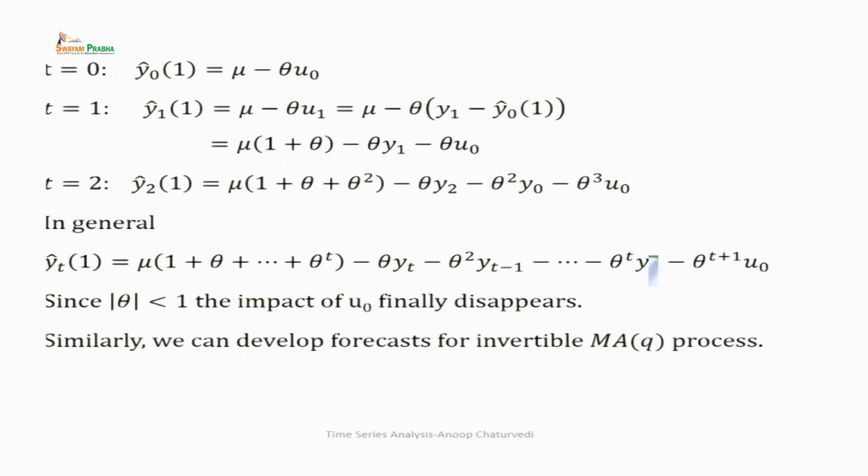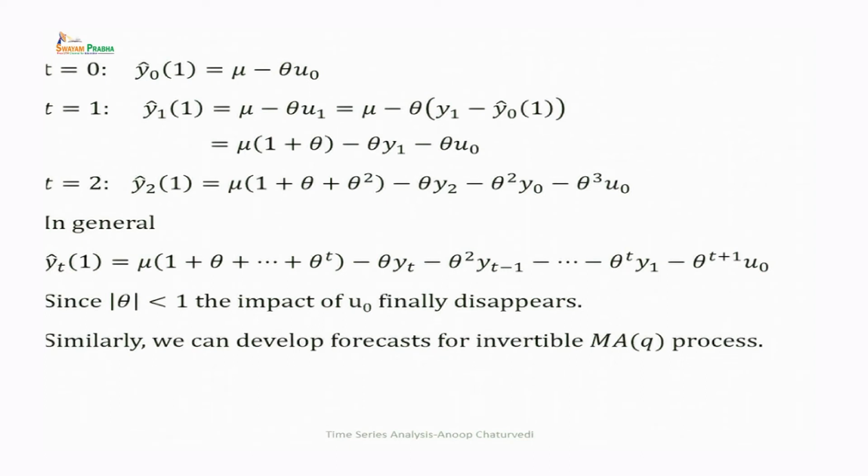So, we are just taking the one step ahead forecast. So, this is equal to mu into 1 plus theta plus so on plus theta to the power t, minus theta y t, minus theta square y t minus 1, and so on, minus theta to the power t y 1, minus theta to the power t plus 1 u naught.